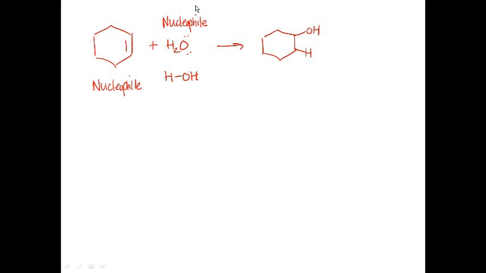It's only electron rich to the electron poor. So in order to make this reaction go, I'm going to need to add an electrophile to this mix, because the double bond can only react with an electrophile. Okay, and so what's that electrophile going to be?